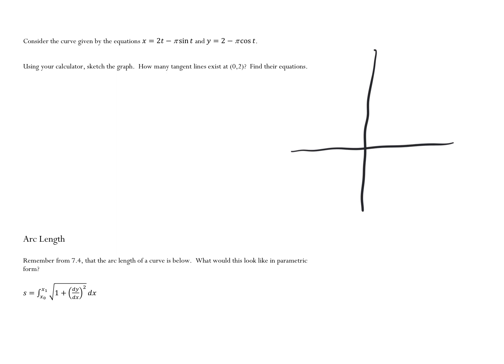It even has a specific name. This one is called a prolate cycloid. It's kind of an interesting graph, but it should look something like this.